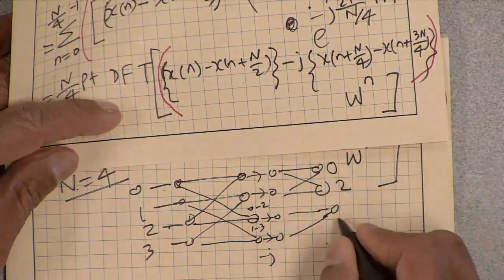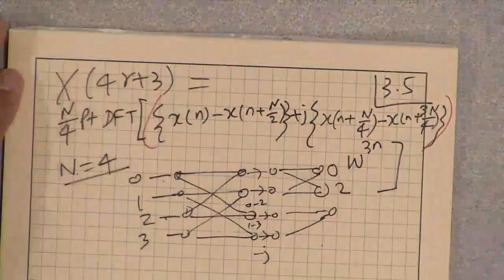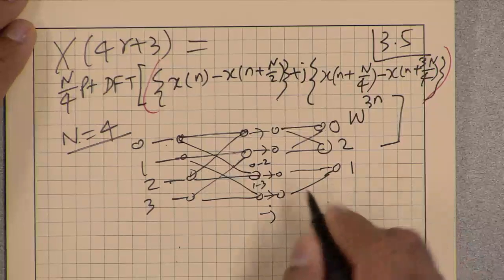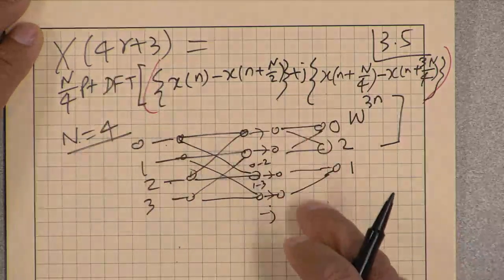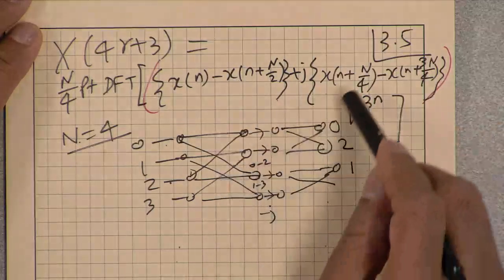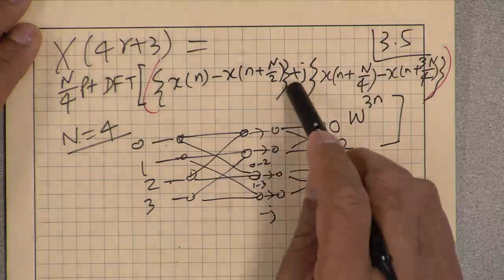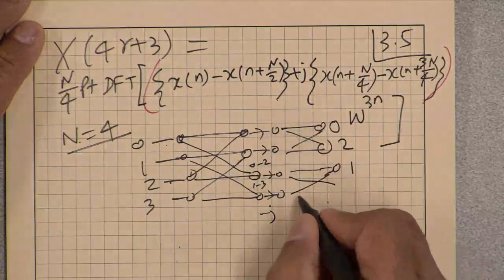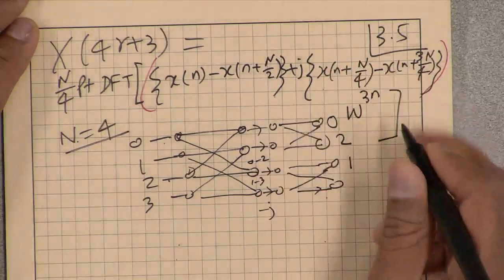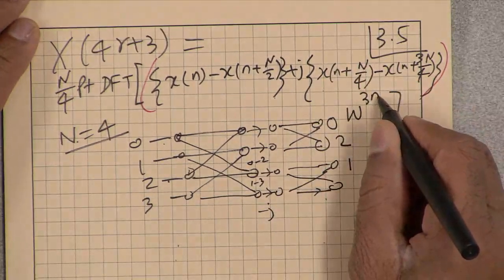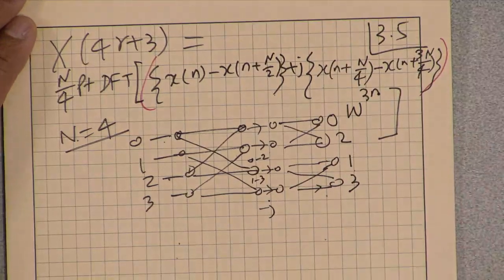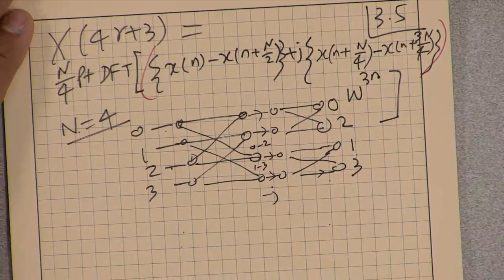And for X4r plus 3, this is 0 minus 2, this is 1 minus 3, plus j, that's minus j multiplied by another minus 1 here in the butterfly, that became plus j. N is 0, n takes one value, W to the power 0 is 1, so that's the same as itself, and that is the 4-point split radix butterfly.